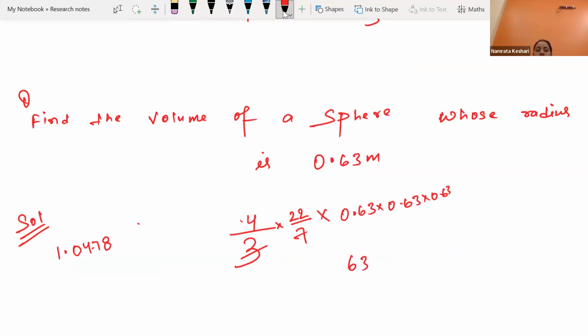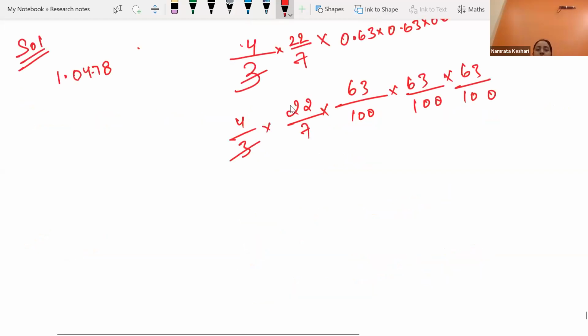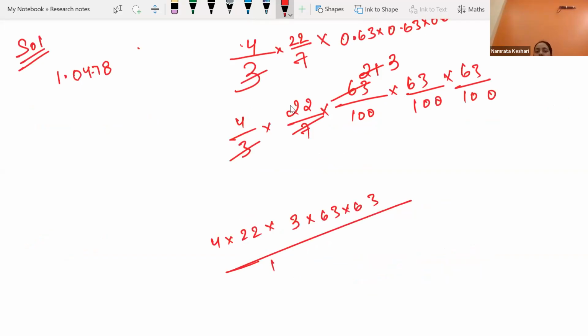It is nothing but 63 by 100, 63 by 100 and 63 by 100. 22 by 7 still we are having and 4 by 3 still we are having. Let's do the cancellation. So 3, 2 times 6, 3, 1 times 3, 7, 3 times 21. Basically we got 4, 22, 3, 63, 63, by 100, 100, 100. I am not doing anything with that because I will put the decimal accordingly.